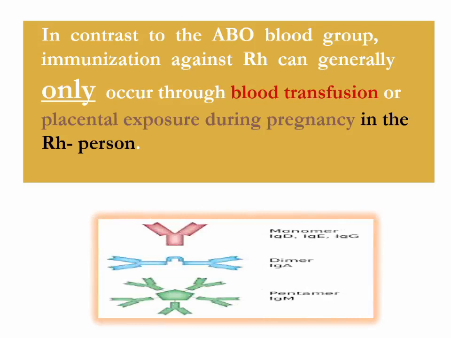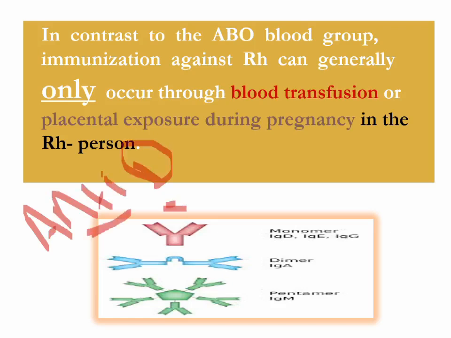So in this slide, we're going to talk about the 2 properties of the anti-D. The anti-D, which is the antibody against the antigen D, or we call it the anti-Rh. What are the 2 important properties of it?